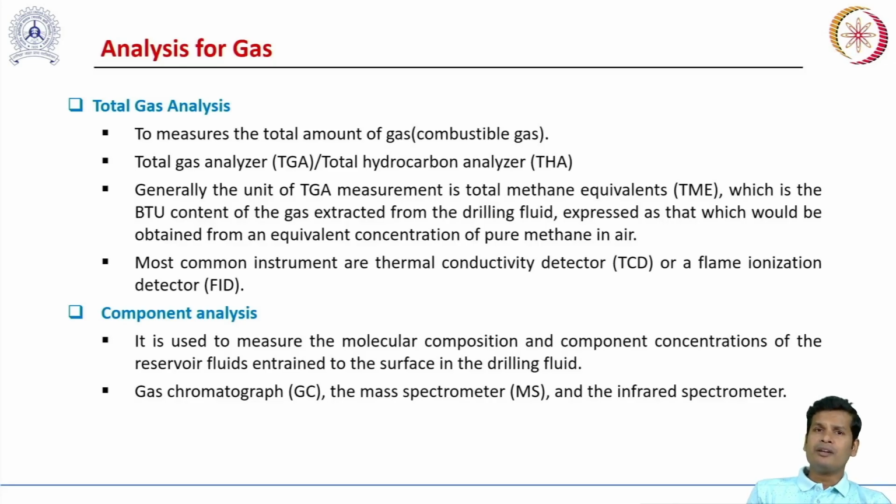For example, different hydrocarbon components in the returning gas could be C1, such as methane, C2, ethane, C3, C4, C5, and so on. So we want to know the individual concentration of all these individual compounds in the returning gas. We can use a gas chromatograph or mass spectrometer or infrared spectrometer or any other instrument at the well site to analyze the components of returning gases.